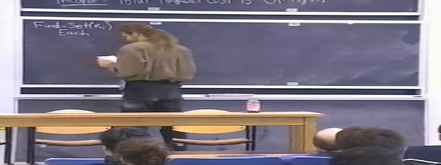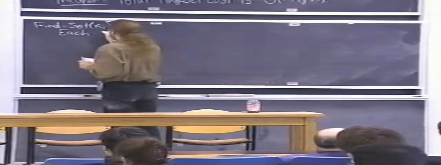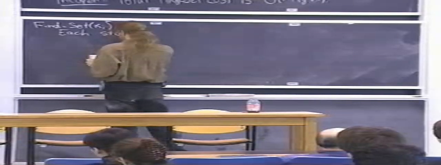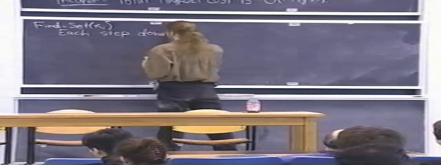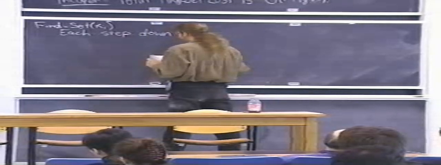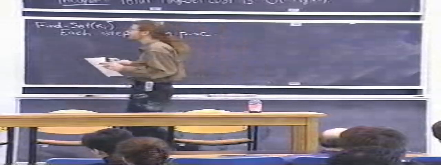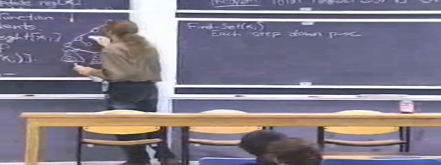I don't know why, but I've called them steps down. I guess that's when you're finished. So when I do a find, I've lost all my trees, so let me draw another one. Here's a tree.